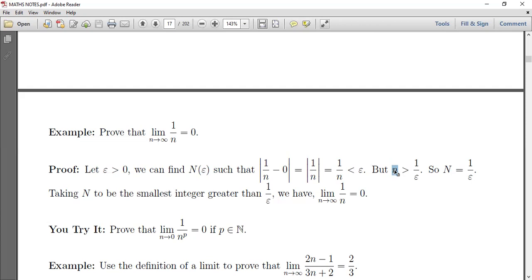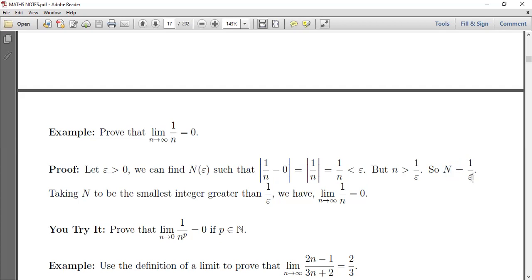So I change this small n, then I change the inequality sign into an equal sign, and change the small letter n into a capital letter N. Then I say N is equal to 1 over epsilon. Then I find the limit.